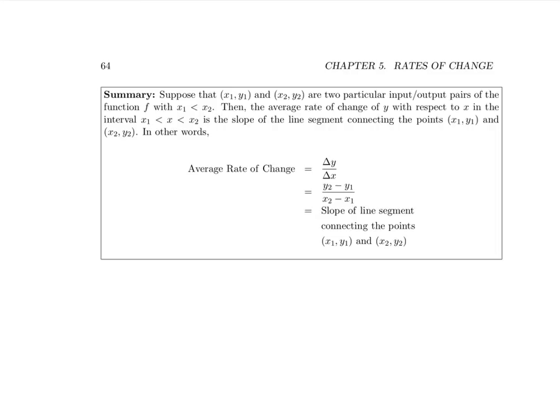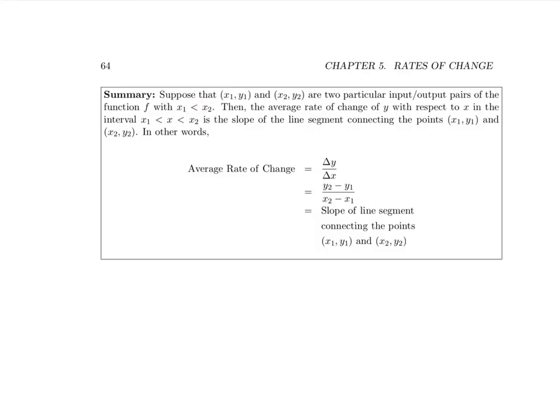We end this screencast with a summary. Suppose that x1, y1 and x2, y2 are two particular input-output pairs of a function, and suppose that x1 is smaller than x2.